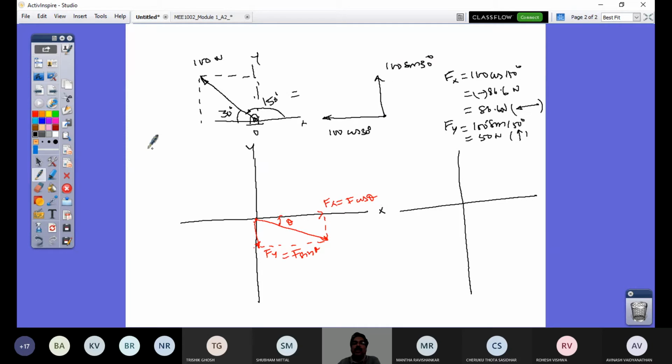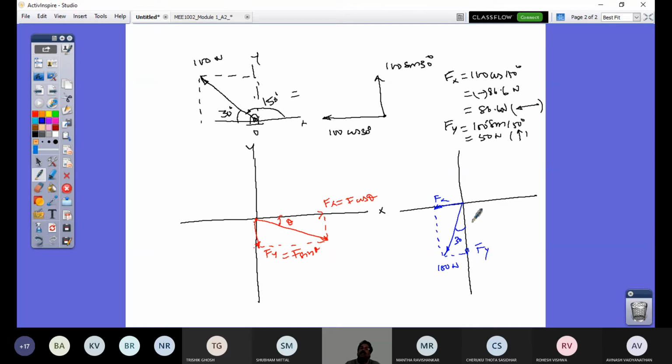Right? So if I give a force now, instead of an inclination from horizontal, as sometimes problems say, a 100 Newton force whose direction is, say, 30 degrees to vertical, and I ask you to resolve this force into two components, what do you have to do? Complete this rectangle around it, and then you know this is my Fx, which is directed to the left, and this is my Fy.